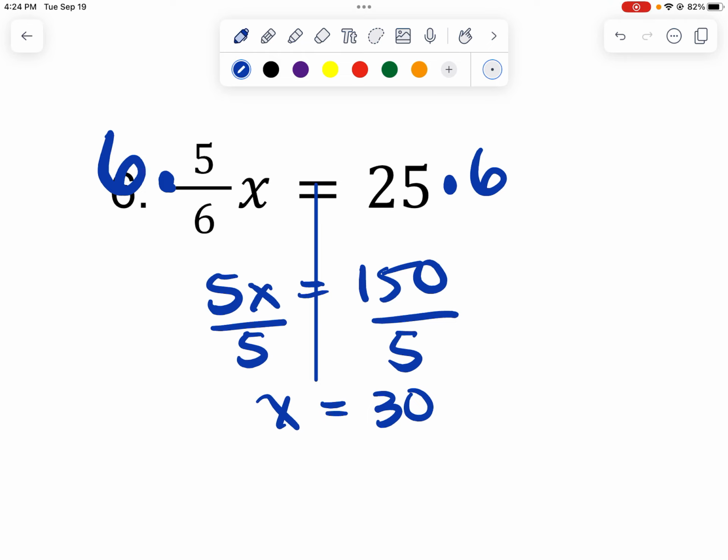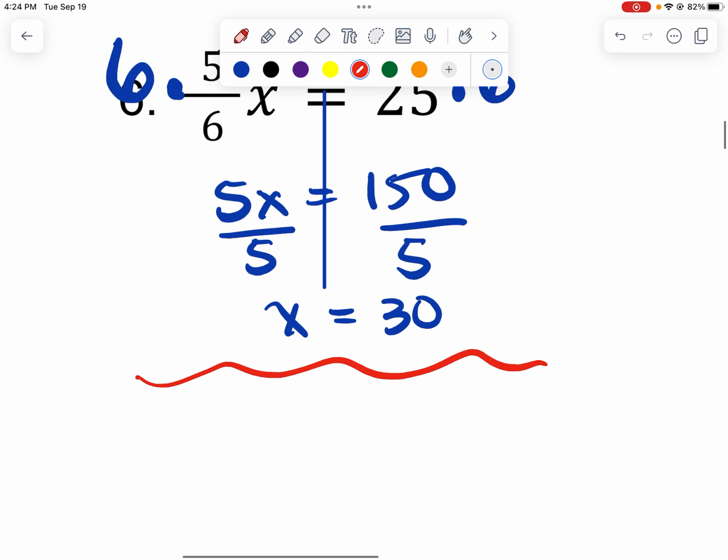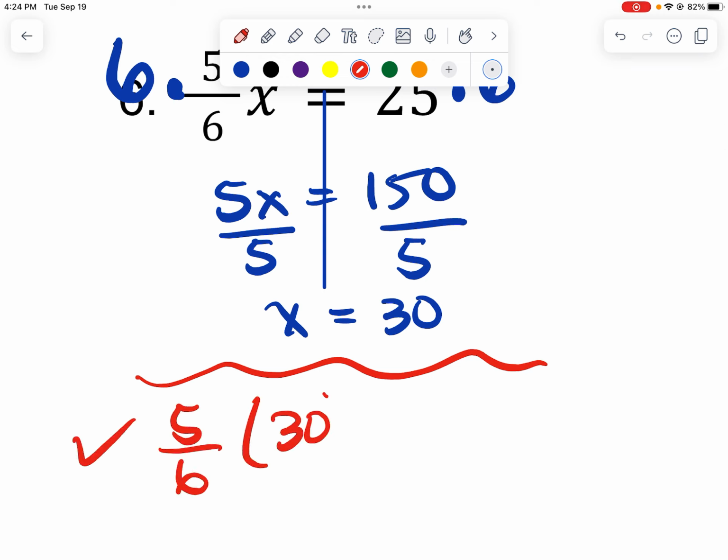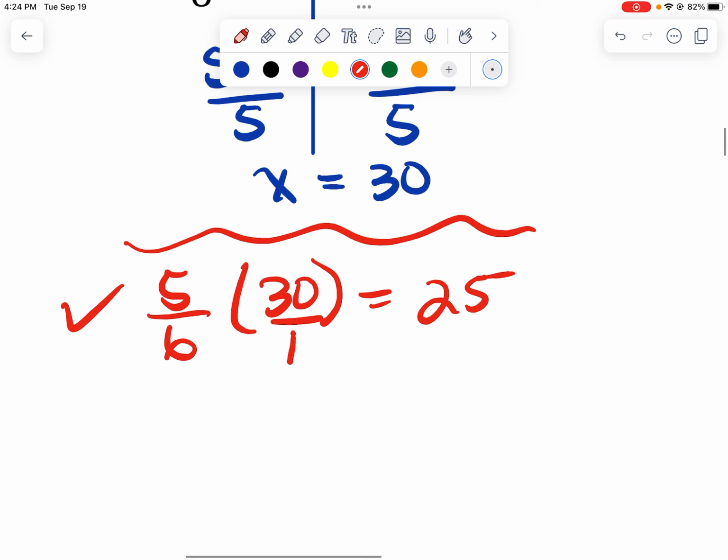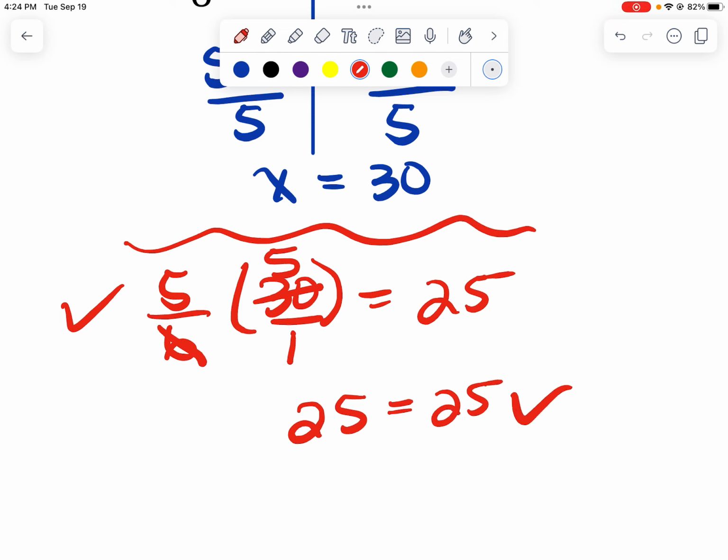Then I check my work to make sure it's correct. 5/6 times 30 equals 25. Remember, 30 is 30 over 1. 6 goes into 30 5 times. So 25 equals 25. So x equals 30 is the correct answer.